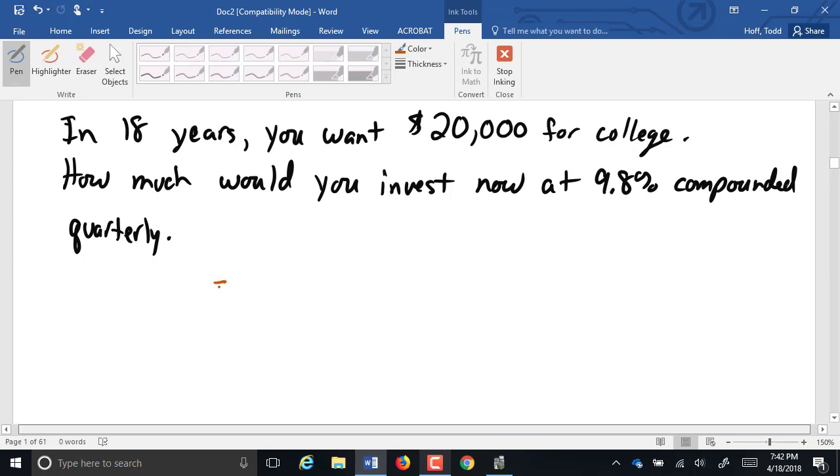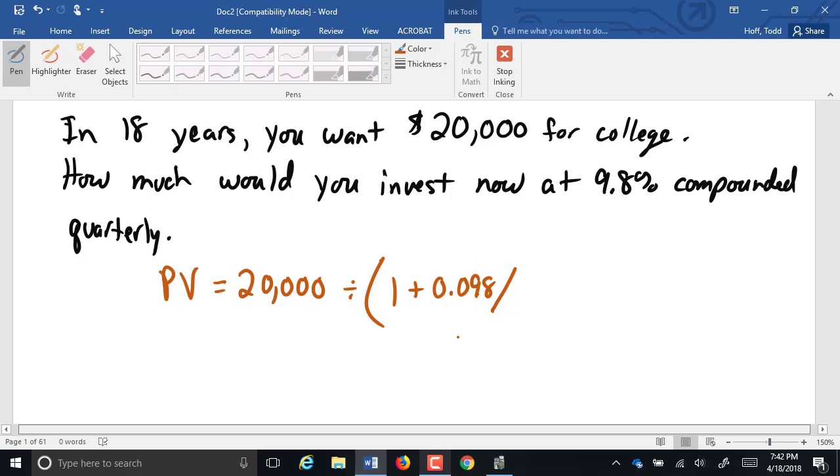So the present value that we are looking for will be the $20,000 divided by, open parentheses, 1 plus 9.8% will be 0.098 divided by quarterly, so 4, right?